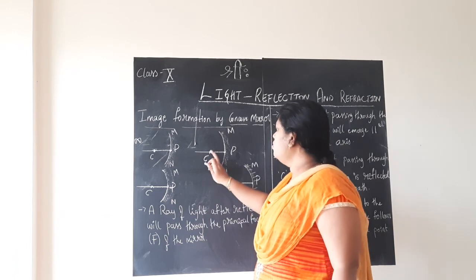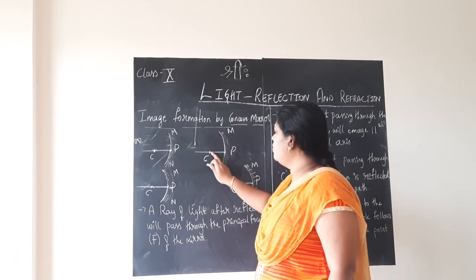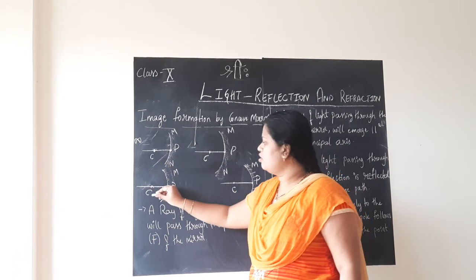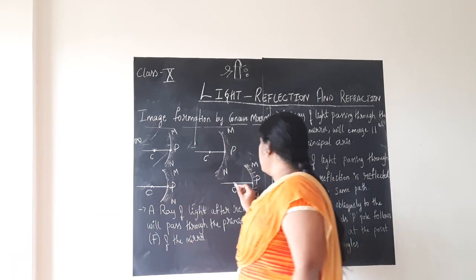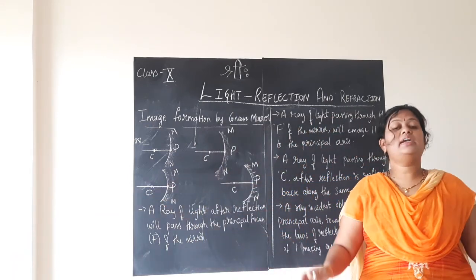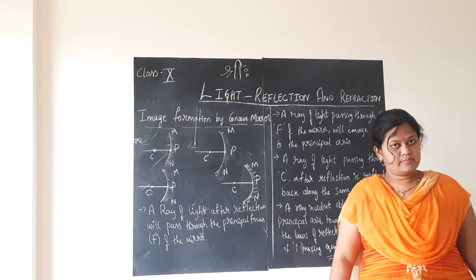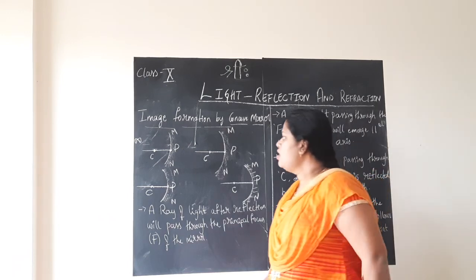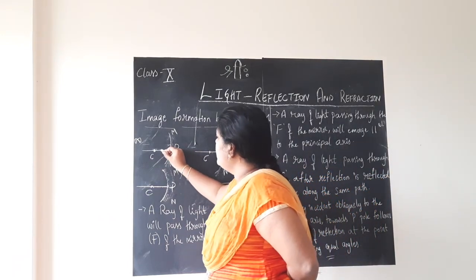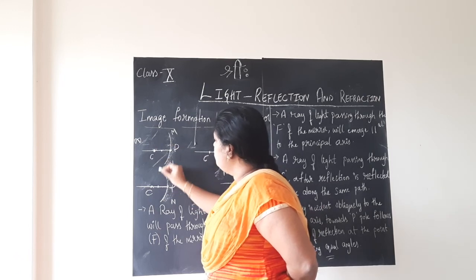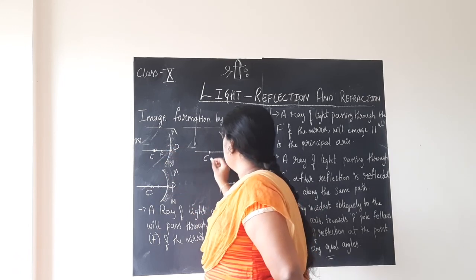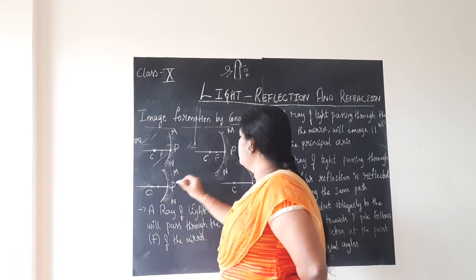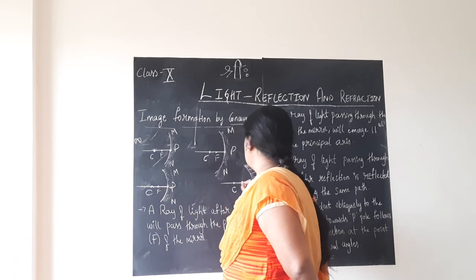Next, children, we know that the distance from pole to the center of curvature of the mirror is called the radius of curvature, represented by capital letter R. And in between pole and center of curvature, we have a point F, that is the principal focus of the mirror.